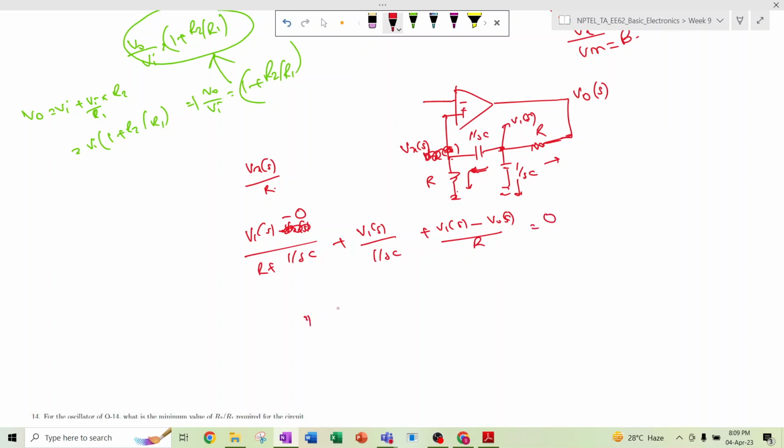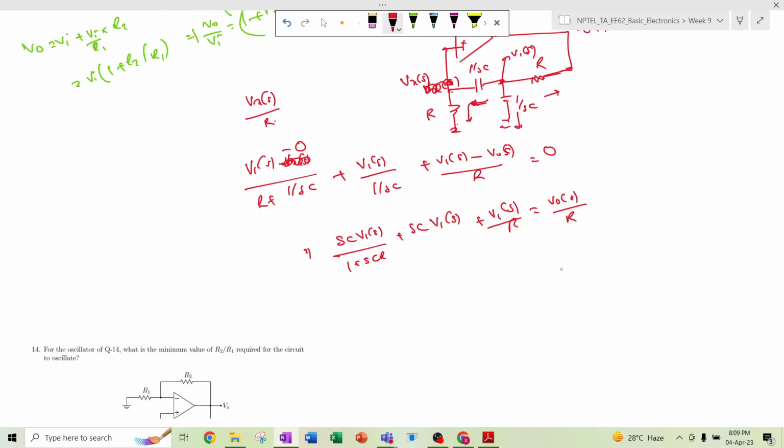So that means SC V1S divided by 1 plus SCR, plus SC V1S, plus V1S divided by R is equal to V0S divided by R.